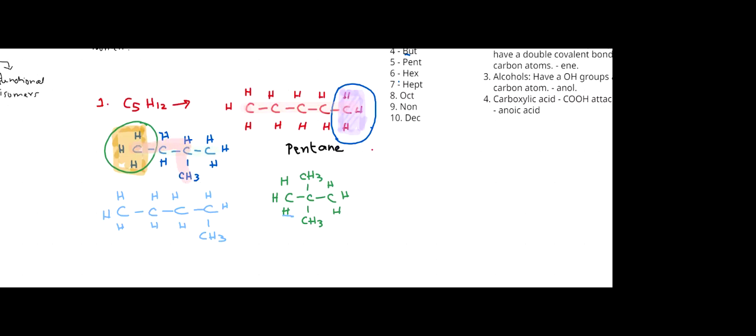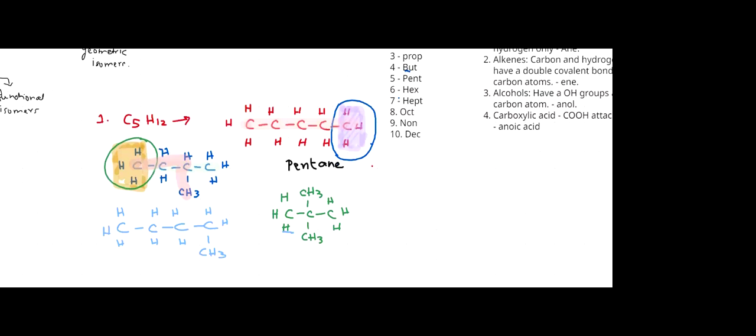Regardless of which method you choose, you are getting 4 carbon atoms. If you try to connect the carbon atoms without lifting your pen, in one straight line, you can't do any diagonals. In one straight line, the maximum number of carbon atoms you're getting is 4. Whenever we have 4, we use the term "but."